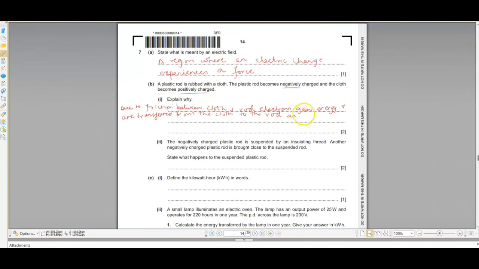As there is more negative charge on the rod than positive charge, so the rod becomes negatively charged.